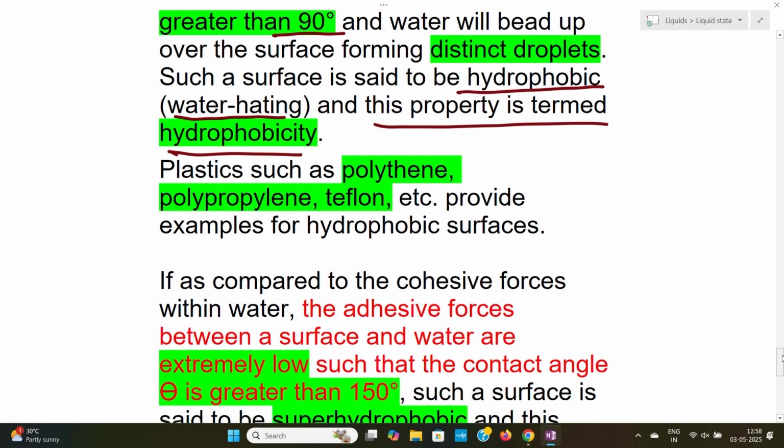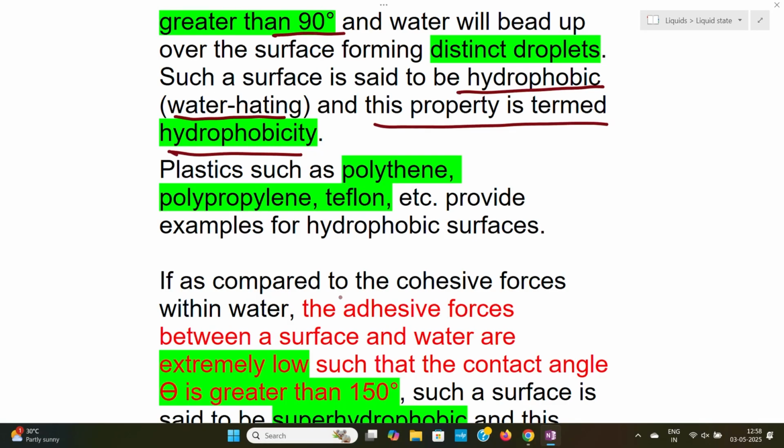The examples of hydrophobic surfaces are plastics, especially polythene, polypropylene and Teflon. All these are examples of hydrophobic surfaces. We have seen that these plastics are not water loving, they are water hating.